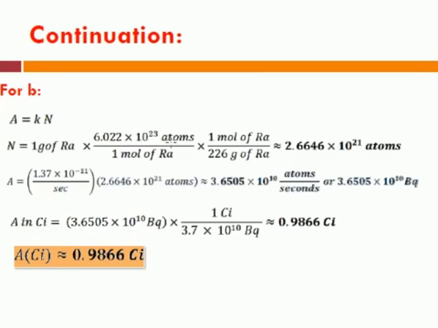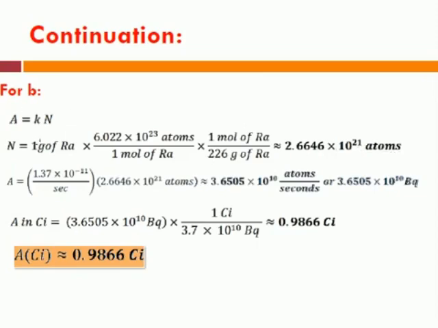For those who are using Casio 991 ES Plus or 991 ES, just go to constant, that is constant 24. Okay? Then next, in 1 mole of Ra, we have 226 grams of Ra. So cancel the grams of Ra and the mole of Ra, so the unit will become atoms. So in 1 gram of radium, we have 2.6646 times 10 raised to 21 atoms.